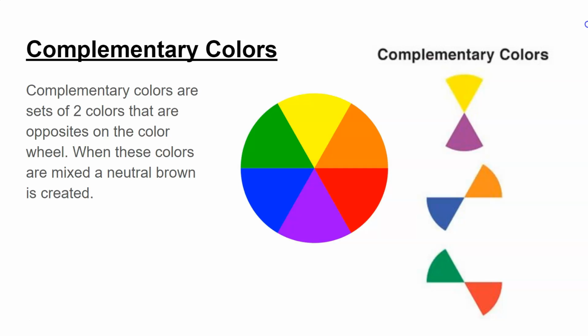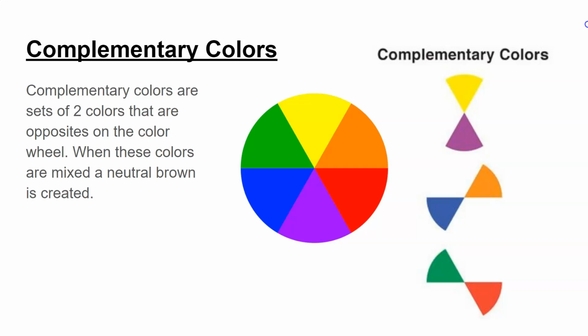These colors are called complementary colors because if you use them next to each other, they supposedly visually complement one another. So perhaps you just want to use two of those, red and green maybe, or yellow and violet for your painting. You're welcome to do that.